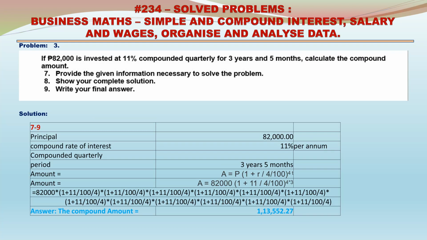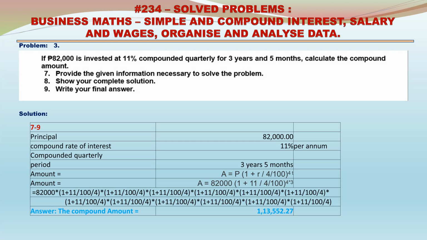Problem 3. If 82,000 is invested at 11% compounded quarterly for 3 years and 5 months, calculate the compound amount. Provide the given information necessary to solve the problem. Show your complete solution. Write your final answer. Principal 82,000. Compound rate of interest 11% per annum. Compounded quarterly. Period 3 years 5 months.